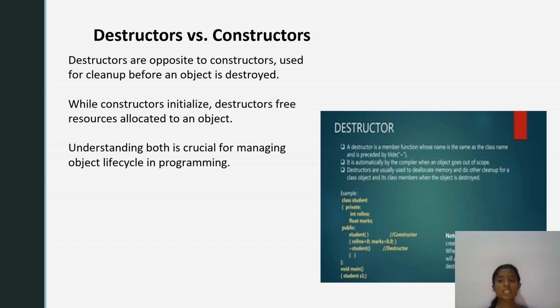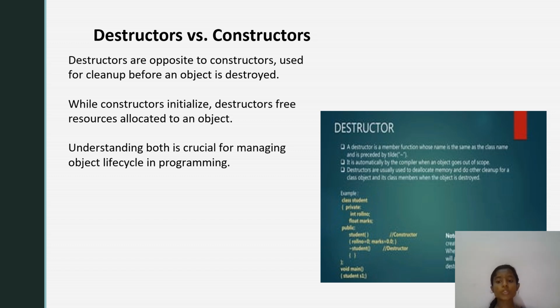Destructors. Destructors are the opposite of constructors and are used for cleanup before an object is destroyed. A destructor is a member function whose name is the same as the class name, preceded by a tilde. It is called automatically by the compiler when an object goes out of scope.